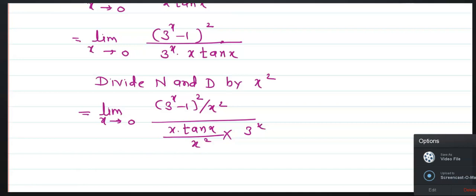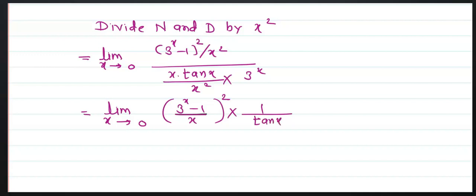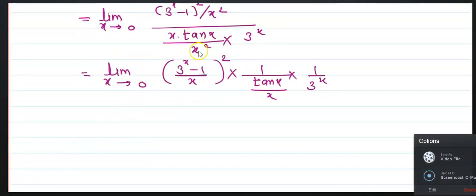Therefore, limit x tends to 0, 3 raised to x minus 1 upon x bracket square, times 1 upon tan of x upon x. Now see this, that is x tan x upon x square. Here x gets cancelled, then you will get tan of x upon x into 1 upon 3 raised to x.